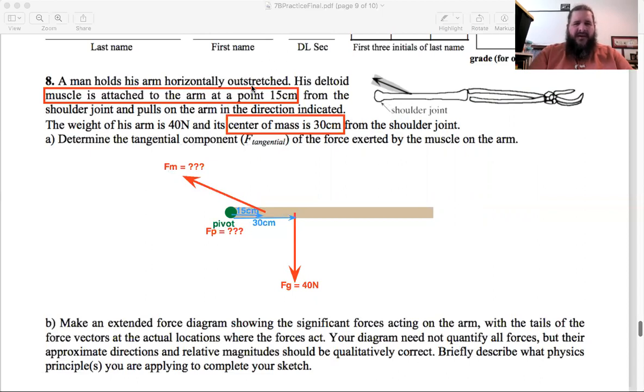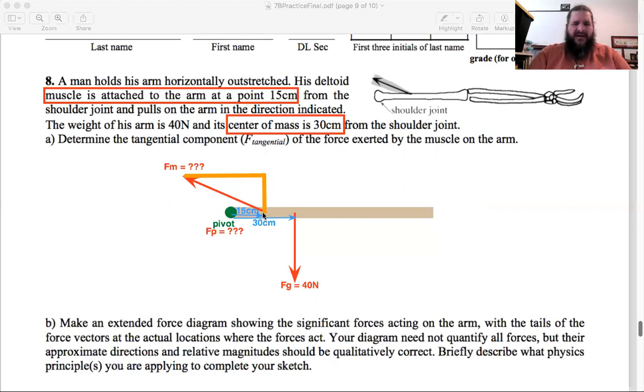So let's imagine splitting this into components. Since it's a rotational thing, we typically want to split it up into a component perpendicular to the radius and a component parallel to the radius. Something like that. And we typically call the perpendicular component the tangential component also, in the sense that if this were to rotate, presumably it's going to rotate in a sort of circular path.